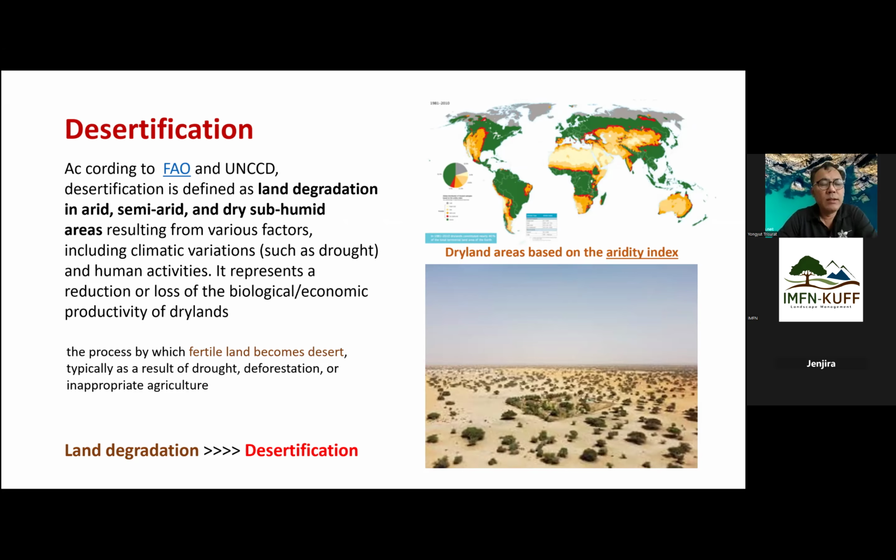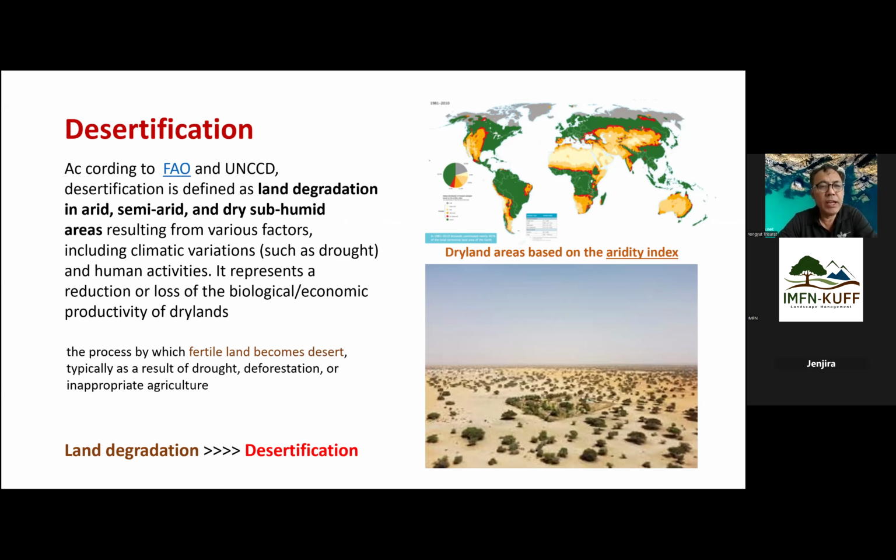The second one is desertification or deserts. Previously we may have had the perception that deserts only happen in Africa or in some areas in northern India.